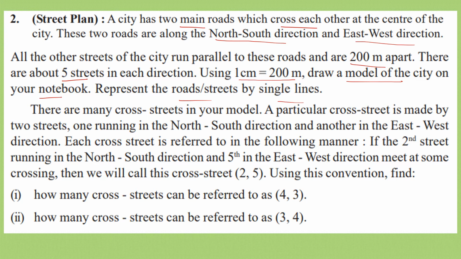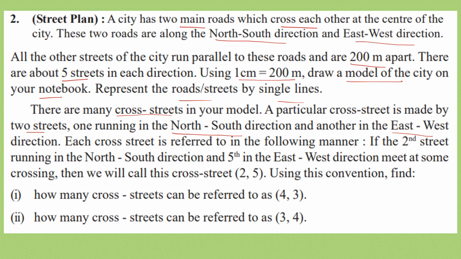So basically you have to draw the model of the city, and it is given that there are many cross streets in your model. A particular cross street is made by two streets, one running in north-south direction and another in east-west direction. And each cross street is referred to in the following manner. Now how to give the numbering to the cross street?